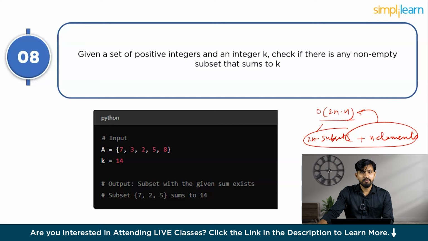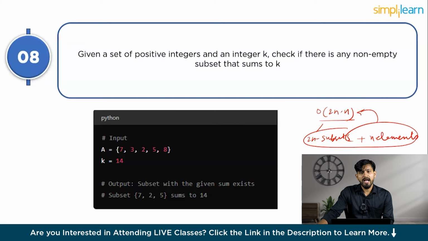Now, using dynamic programming, to solve the problem of finding if there is a subset in a given set of positive integers that sums up to a specified integer, suppose k, we use a dynamic programming approach. This method is efficient and ensures that we explore all possible subsets.